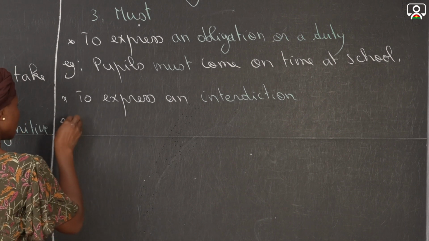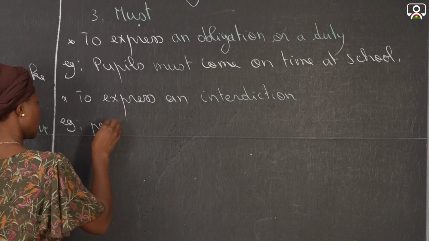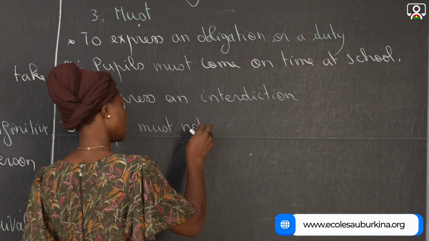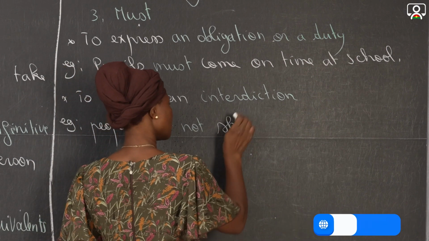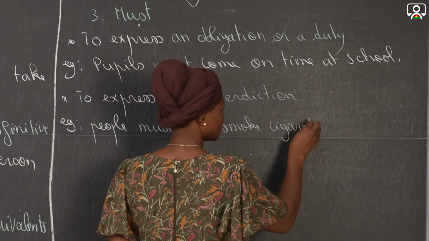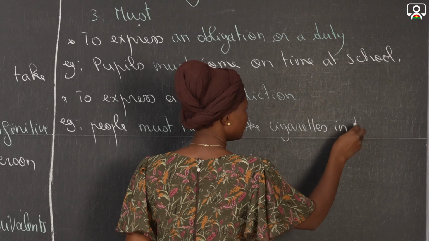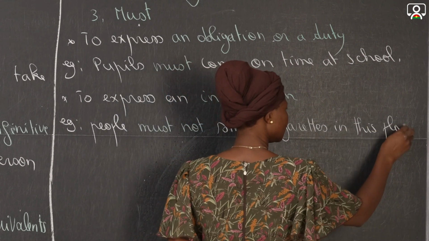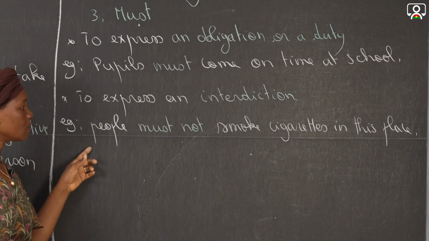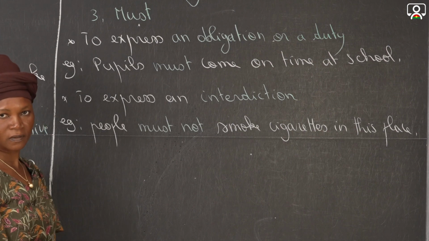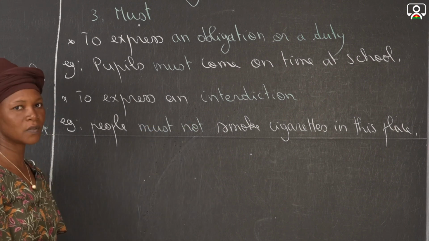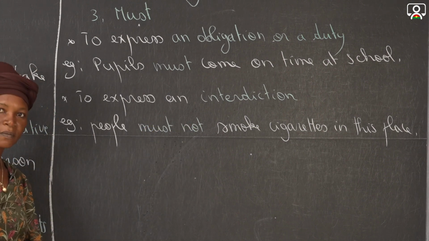An example: People must not smoke cigarettes in this place. In French, for example, we can translate it by, on ne doit pas fumer dans ce lieu. So it is forbidden. It is an interdiction to do this kind of thing in this place.